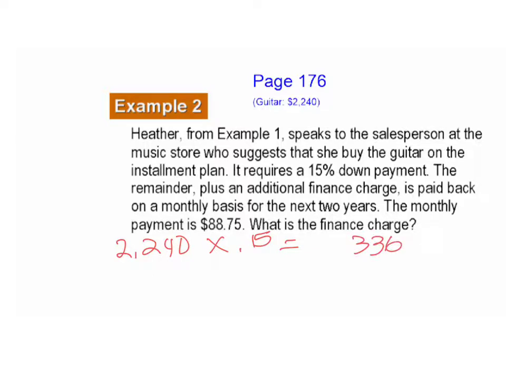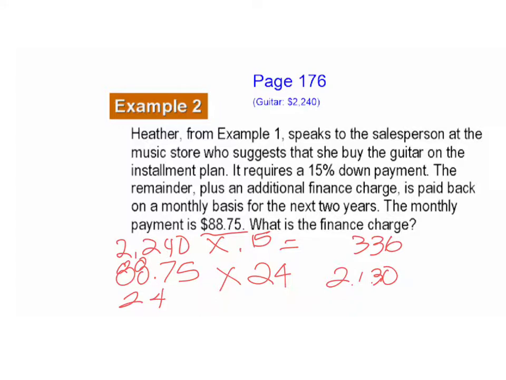Now she pays $88.75 each month for 24 months. That comes to $2,130. We add them together, and we get the total amount that she spent on the guitar: $2,466.